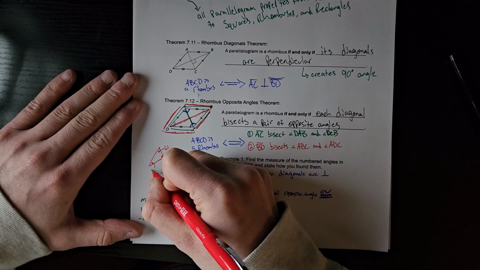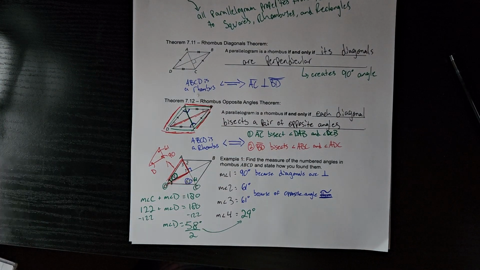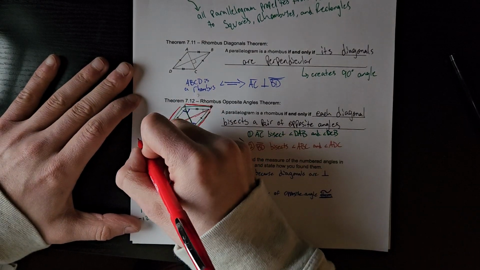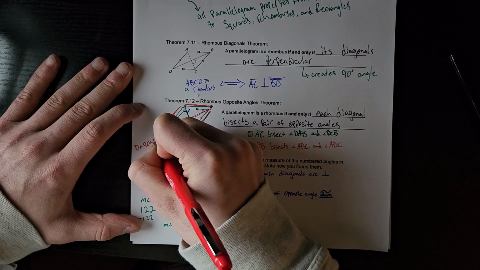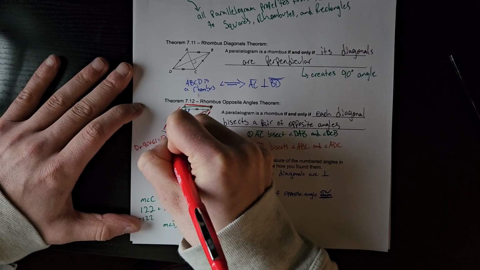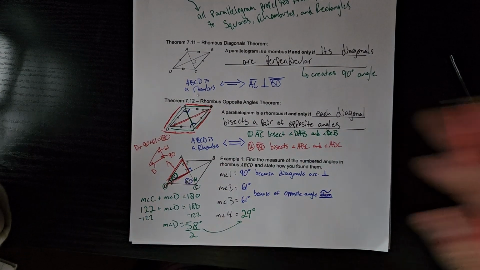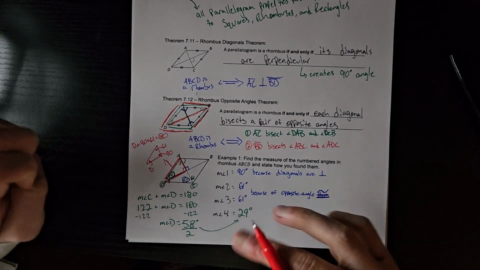Let's just put D there. Remember that the sum of interior angles of a triangle is 180 degrees. So I could do D plus 90 plus 61 is equal to 180, and then solve for D. I'd end up getting 29.